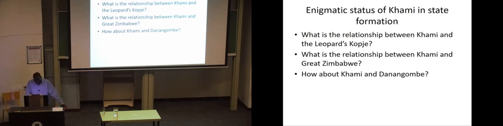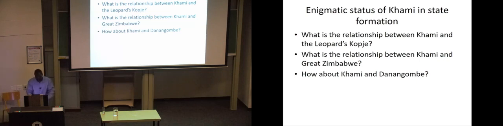Khami has a very enigmatic status in state formation. The platforms, the elaborately decorated ceramics, would suggest a very close relationship to the leopard's kopje. And yet, archaeologists don't see a direct relationship between Khami and the leopard's kopje. There is Great Zimbabwe in between. And also, what is the relationship between Khami itself and Great Zimbabwe?